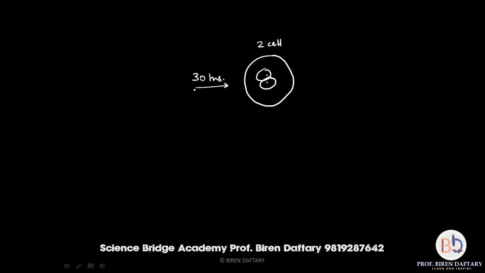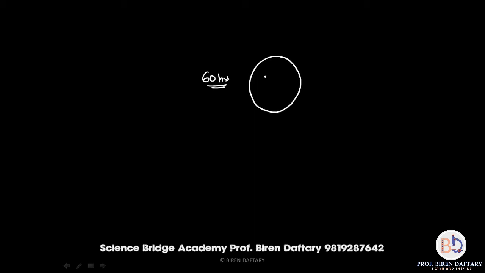Then after say 60 hours of fertilization, that two cell stage becomes a four cell stage. Again the zona pellucida remains constant. Now there will be four blastomeres, and these four blastomeres will be smaller compared to the last two blastomeres. Each one will have a nucleus, so this is called the four cell stage.